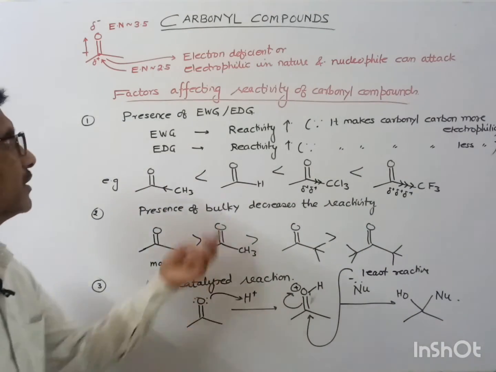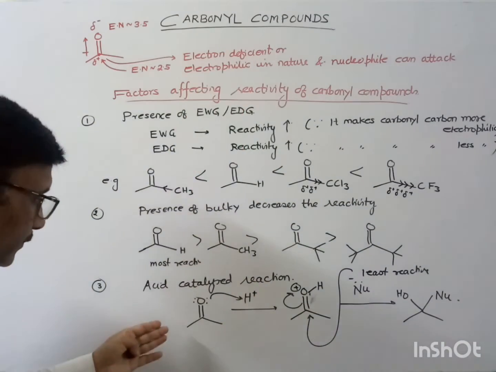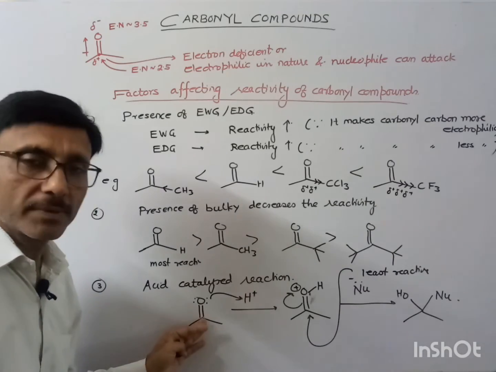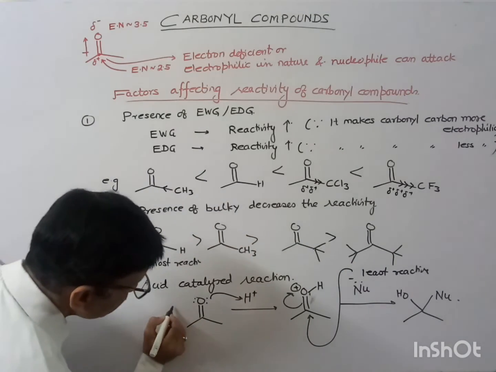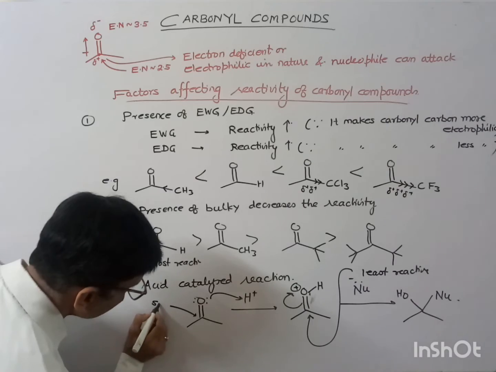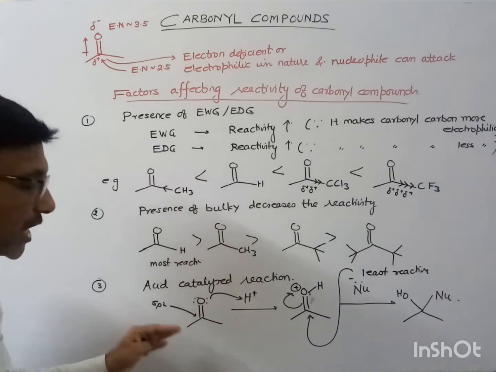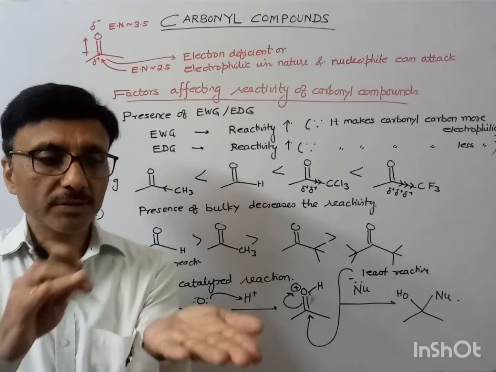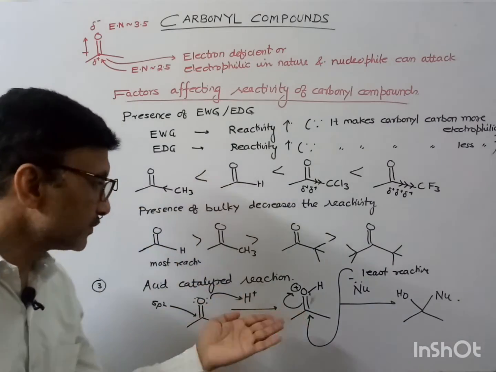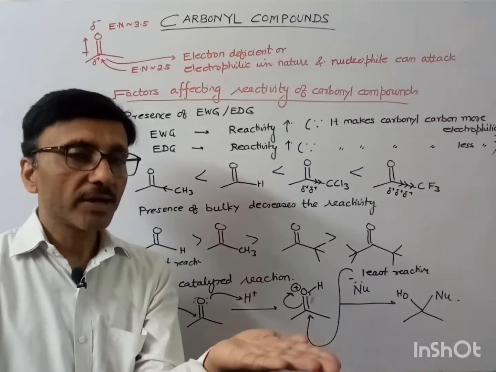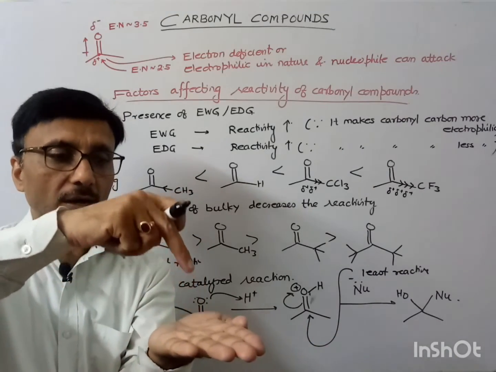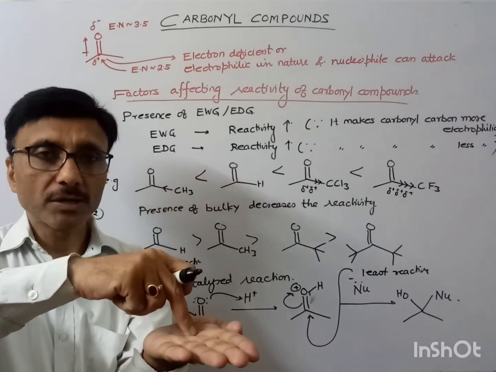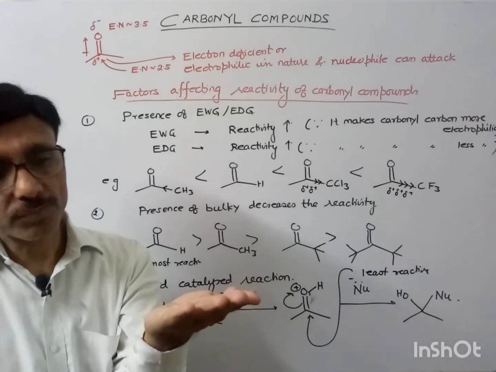First of all, in this carbonyl compound, this carbon center is sp2 hybridized, so the carbonyl compound is a planar one. So the nucleophile can attack either from the up position or from the down position.